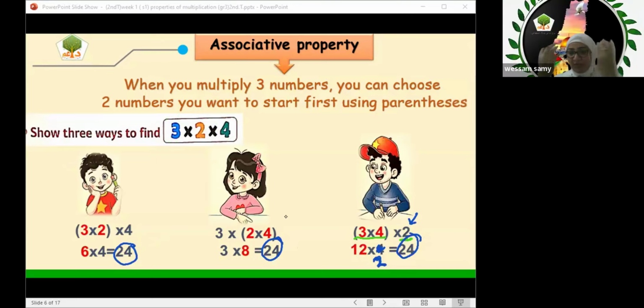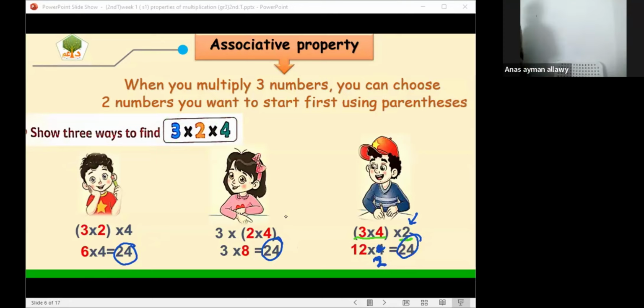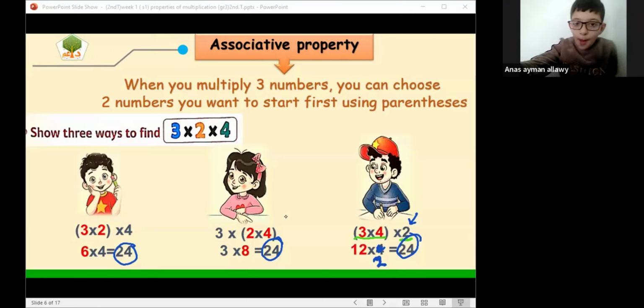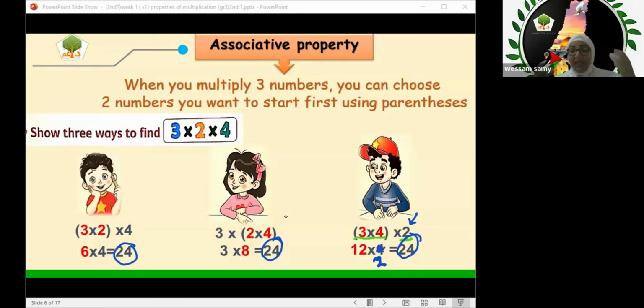Each one of them started by different numbers. So remember, this is the associative property of multiplication, which is you change the order of the numbers to multiply, okay? And if you change the order of the numbers in multiplication, you will get the same product or the same result.